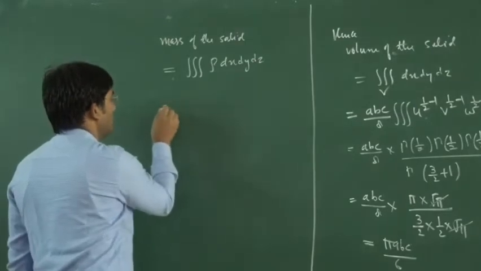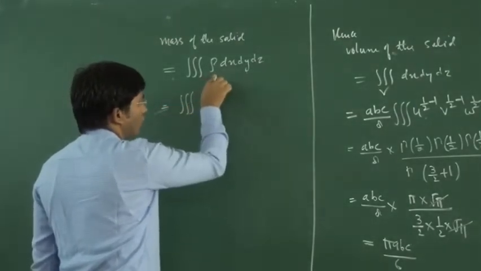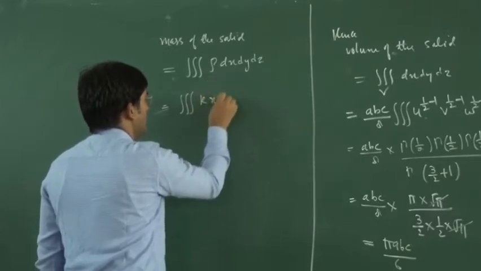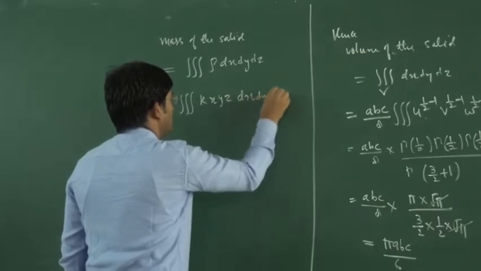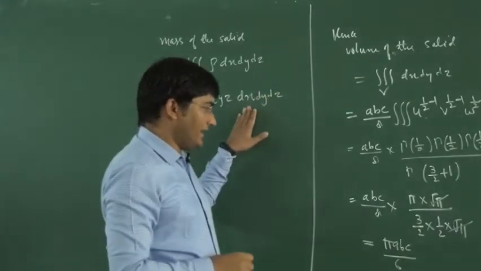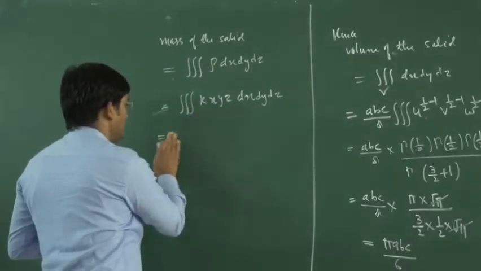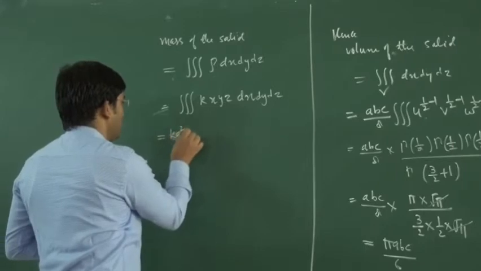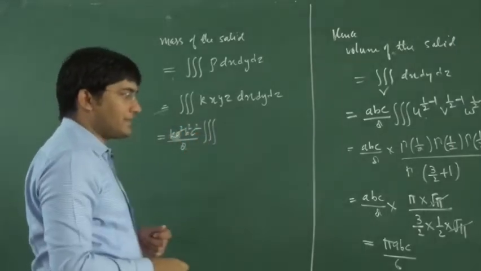Now your density is kxyz and then we have dx dy dz. Now put the value of x, y, z and dx dy dz. So here we will have a square k times a square b square c square upon 8.